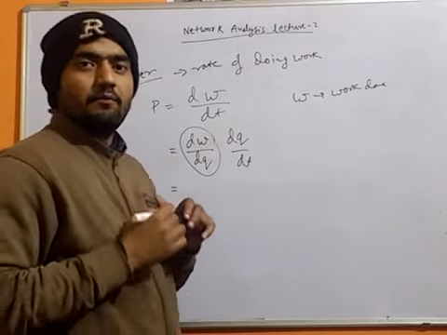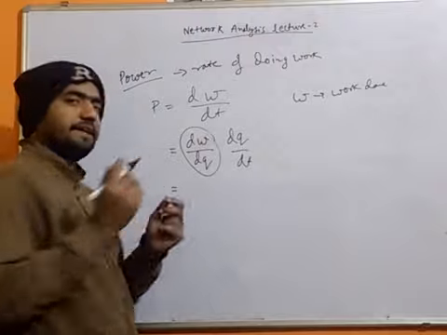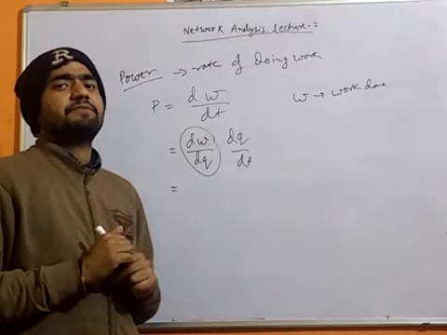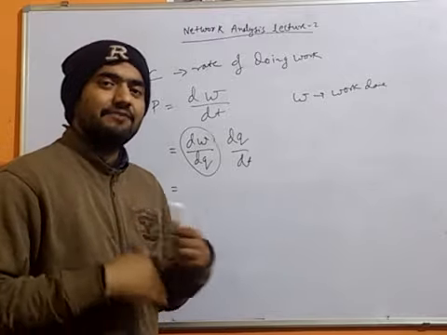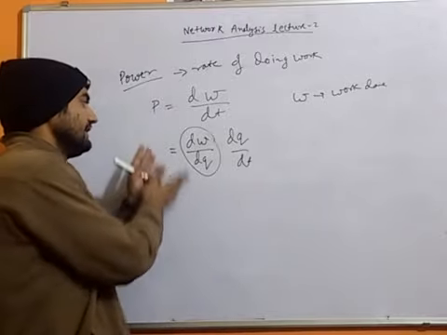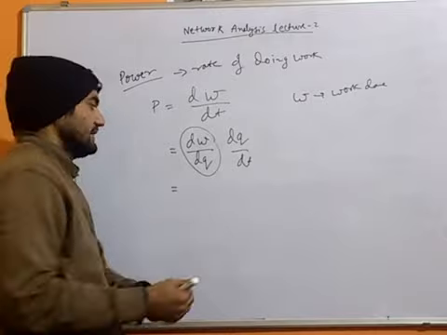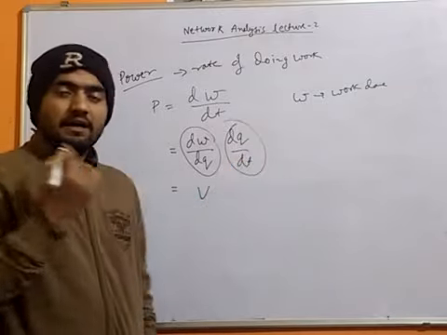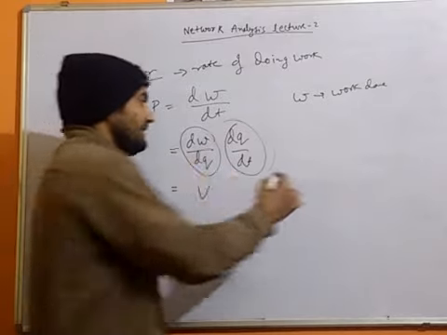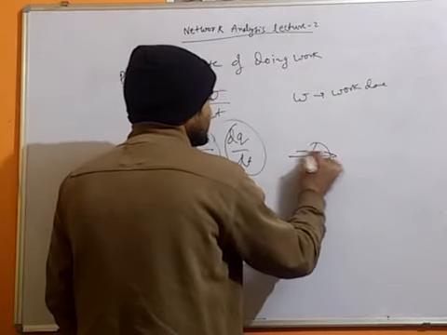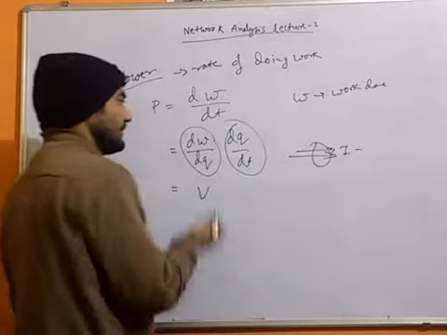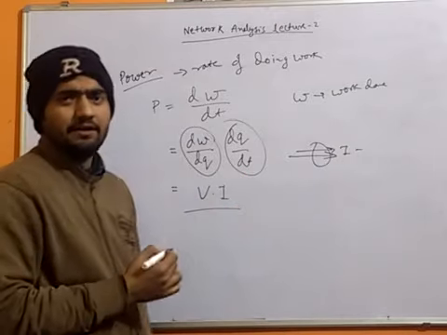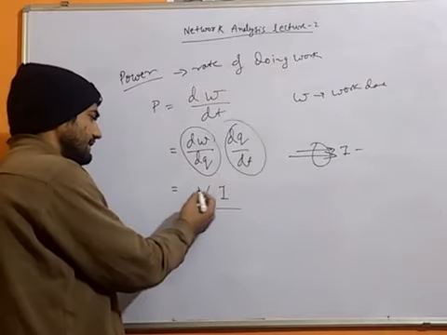Voltage is the work done per unit charge to bring a charge from some point to some other point, the potential difference, and further we derive that as voltage. Similarly, dq by dt, charge per unit time flowing through any cross section, will be called the current. So current is dq upon dt, and here we have V into I, voltage into current, very important.